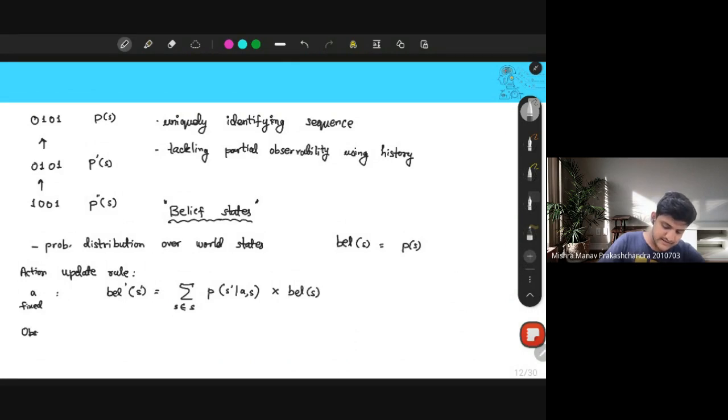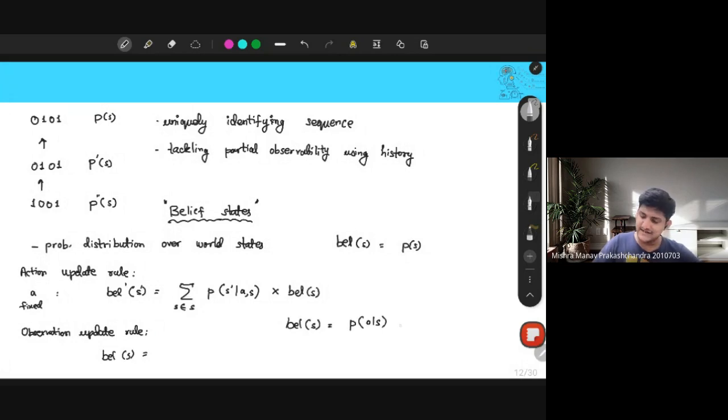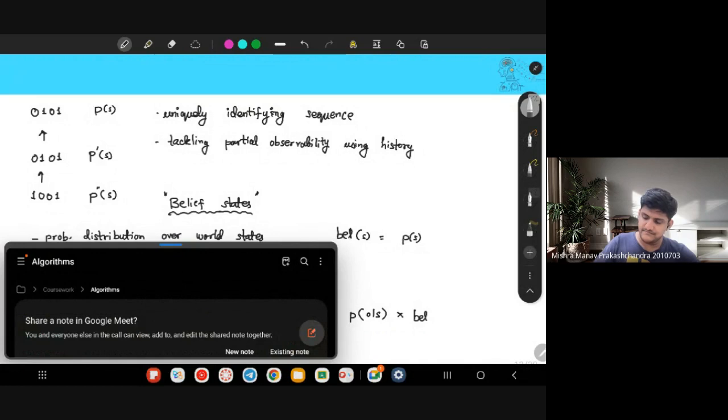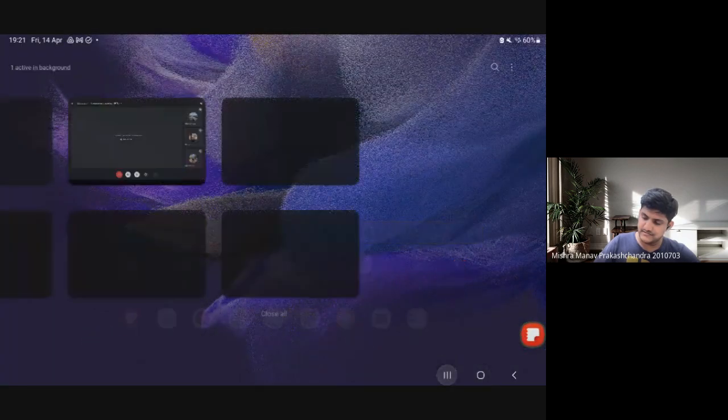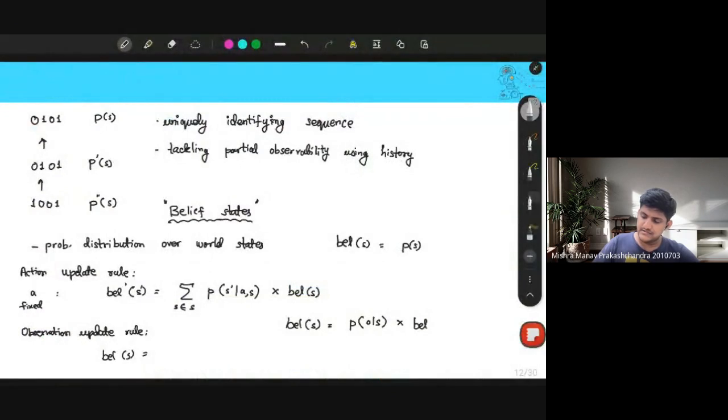And similarly, the observation update rule is, my belief of S is simply the probability of observing O starting from state S, times the belief of S that I had.